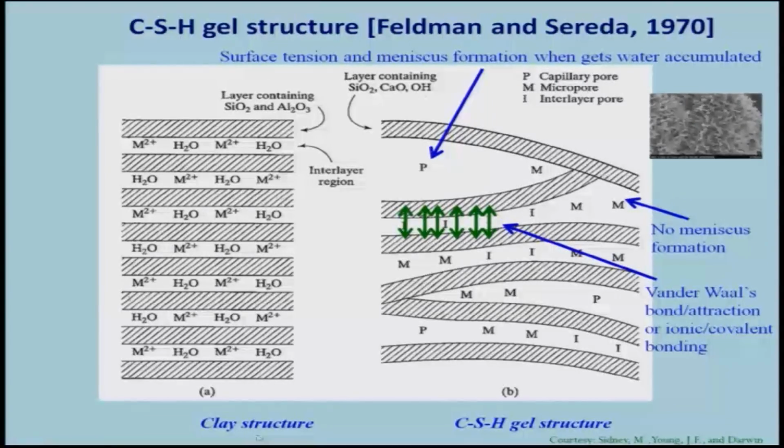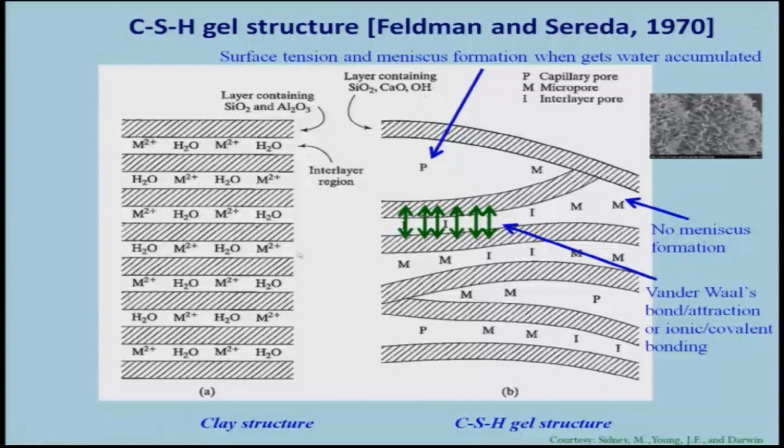In a clay structure, what we typically see is different layers of silicon dioxide and aluminum oxide. If you recall the basics, clay primarily contains silicon dioxide and aluminum oxide, and you have some metal ions between the layers along with water. So water is present as an interlayer between different layers.